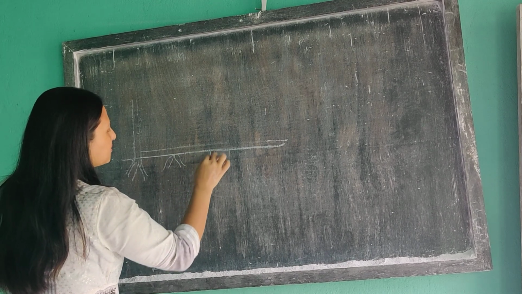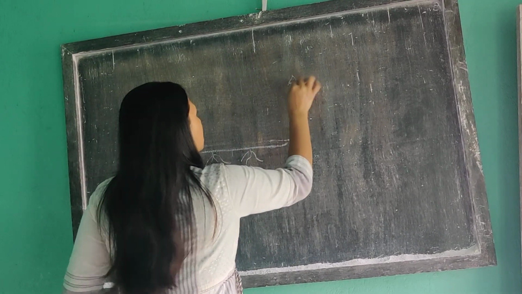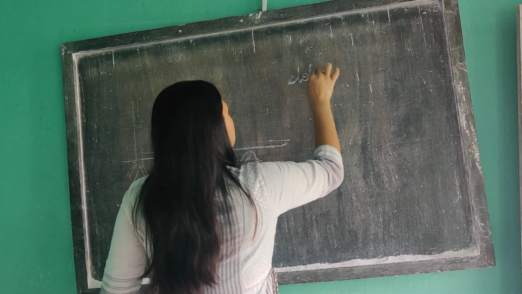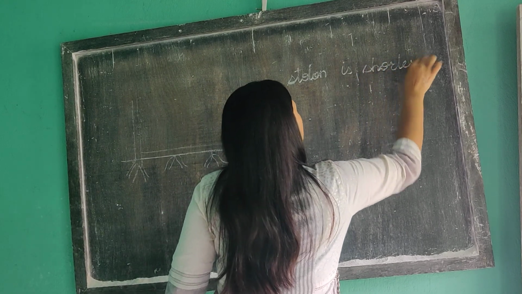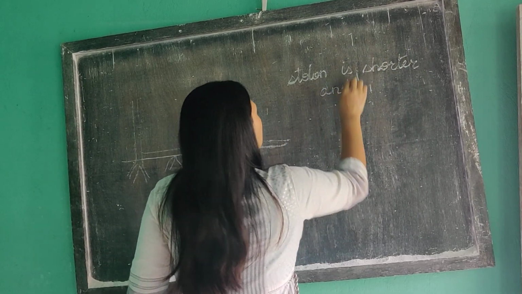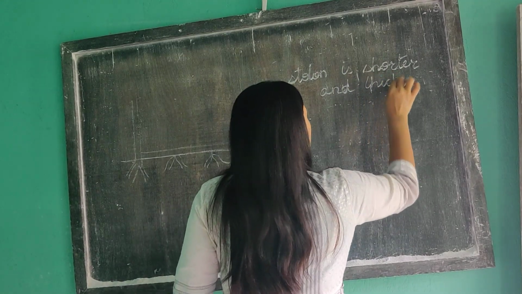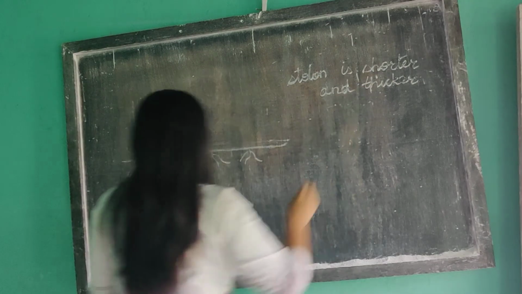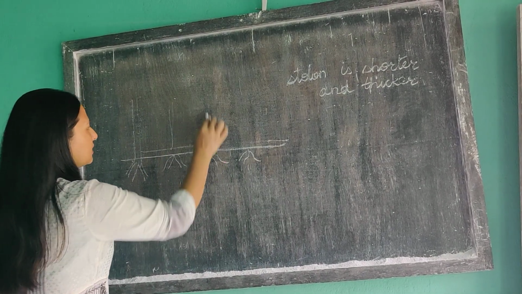The only difference between runner and stolon is that stolon is shorter and thicker, whereas runners are long. From wherever the roots have developed, new plants will arise.